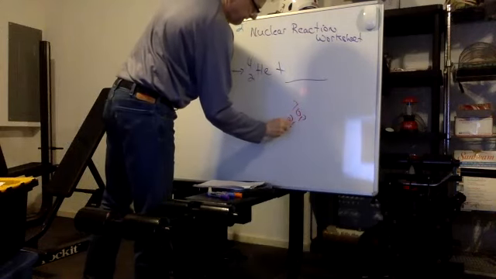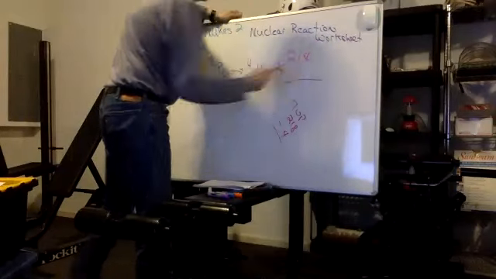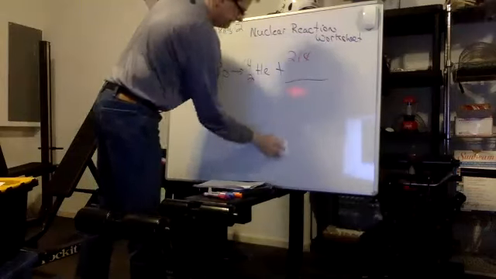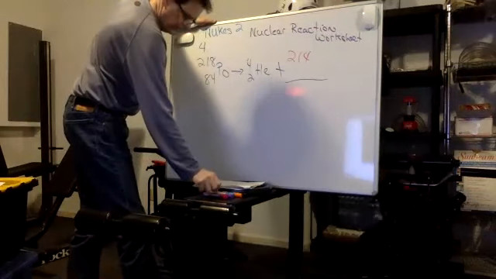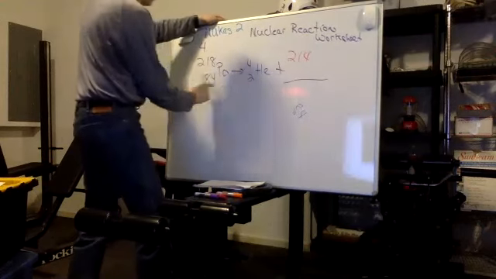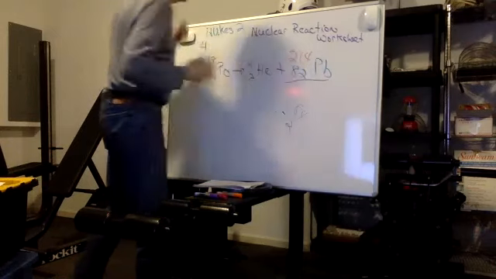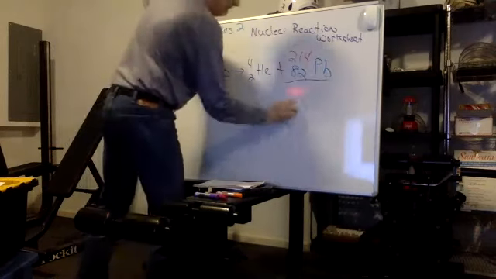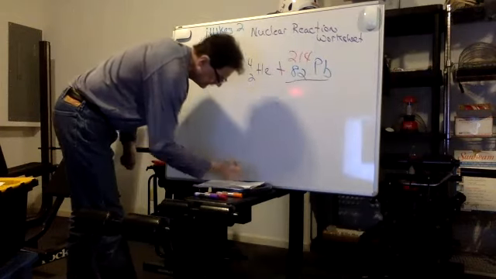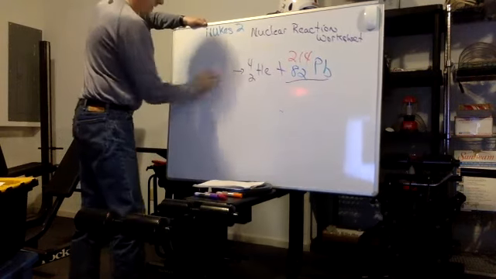I'm going to subtract out that 4, and that's going to be 214 on top. And then on the bottom, 84 less 2 is going to be 82, and that's going to be lead. Number 4. Number 5.